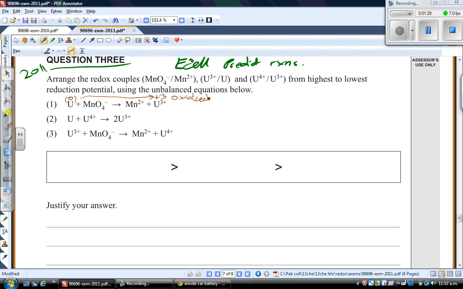So if a species is oxidized, then it doesn't have a very high reduction potential, because reduction potential is the potential of the species to be reduced. So if the uranium is oxidized, the manganese must have been reduced, and it's reduced from +7 to +2.